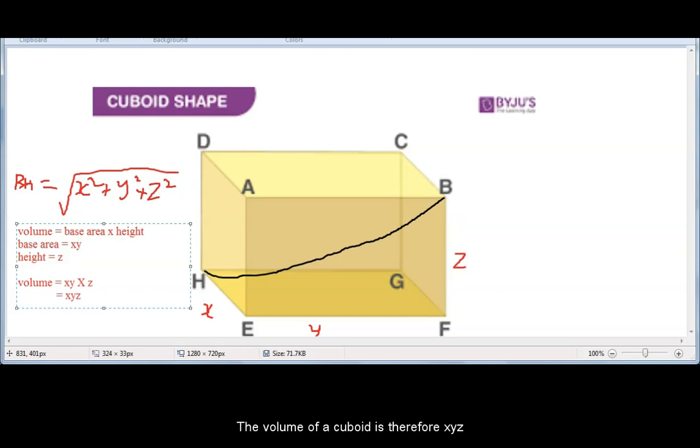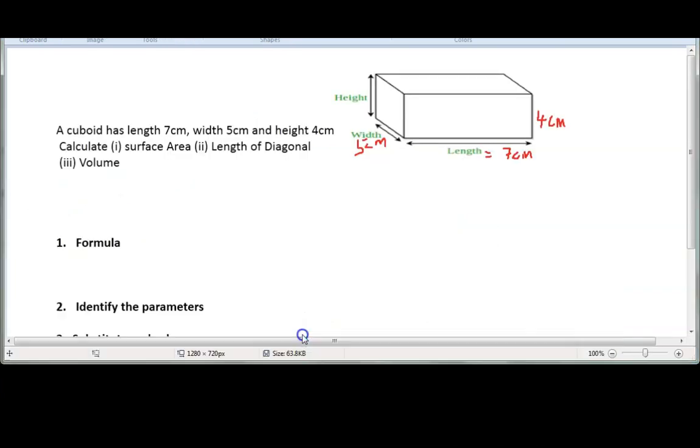The volume of a cuboid is therefore XYZ. Now let's go on and look at a couple of practice problems. Here is one. A cuboid has length 7 cm, width 5 cm, and height 4 cm. Calculate surface area, length of diagonal, and volume.